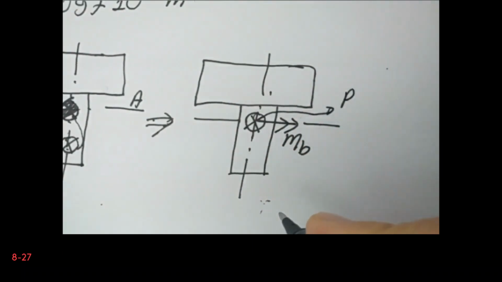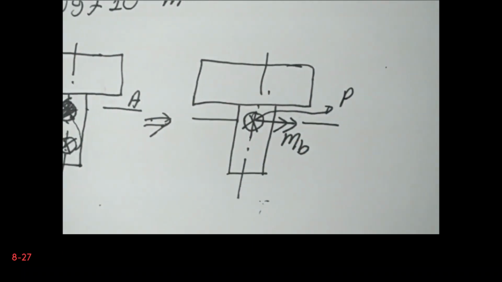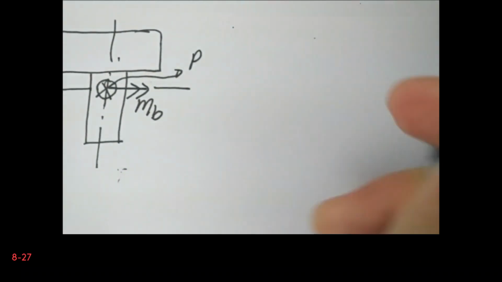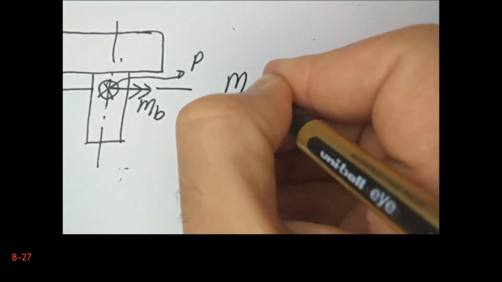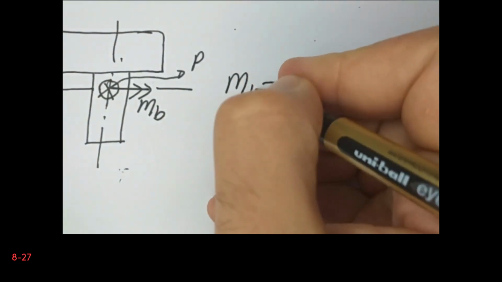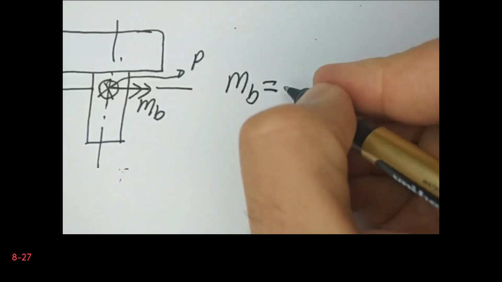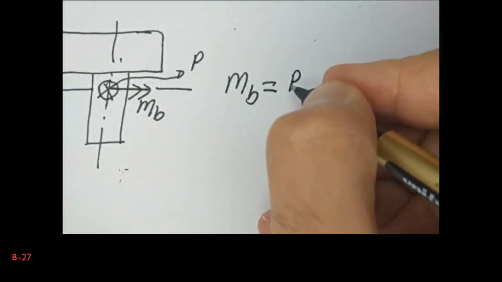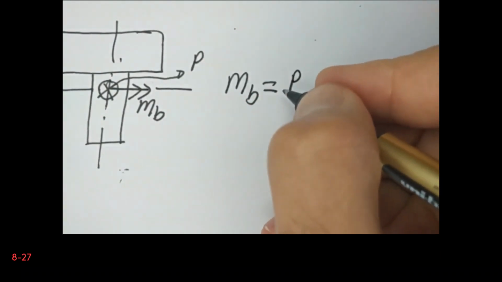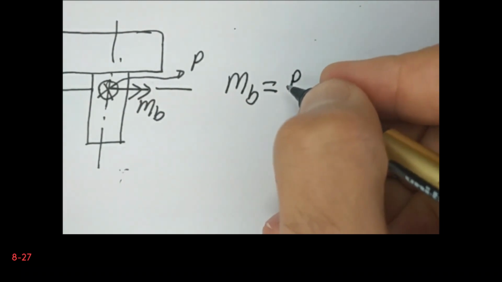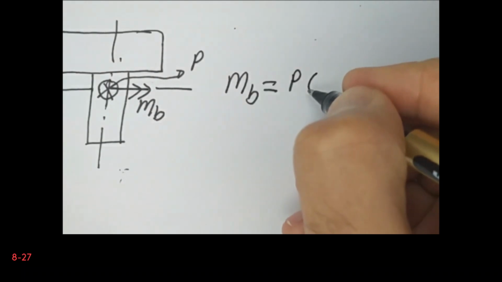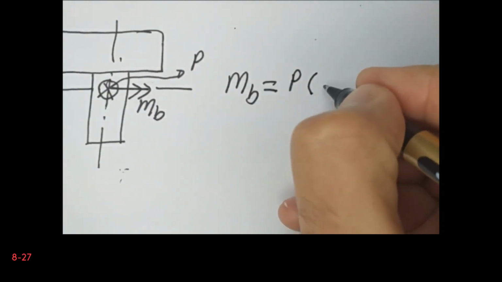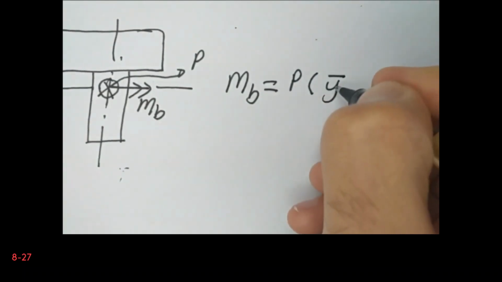Now we can calculate the bending moment. The bending moment is equal to force multiplied by y bar minus d6.